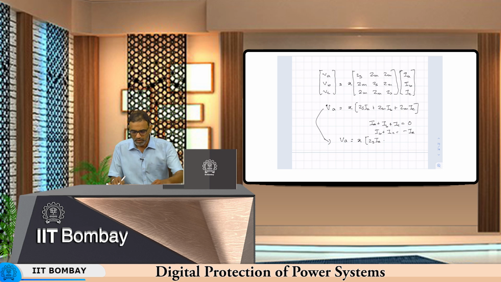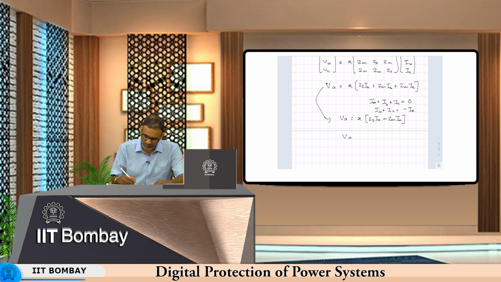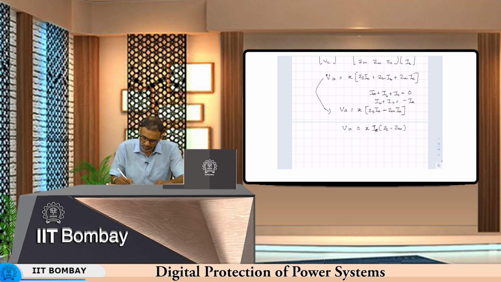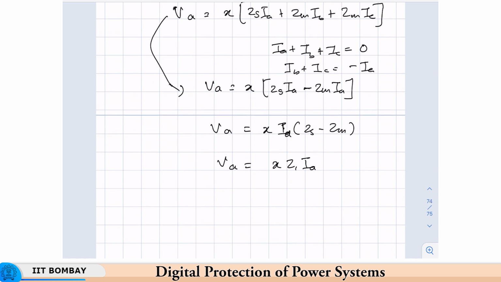Okay. Now similarly we can derive for the other phases also, or simply substitute in this as VB by IB is equal to A square VA by A square IA, which is nothing but XZ1.